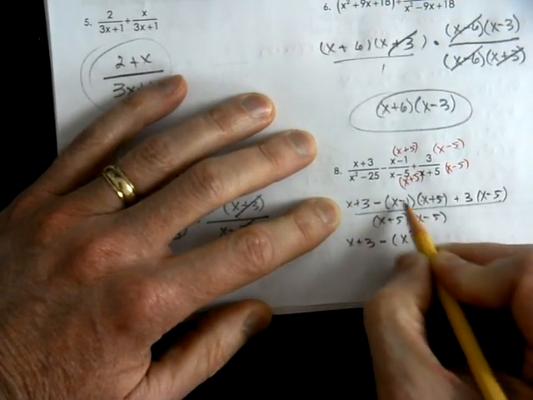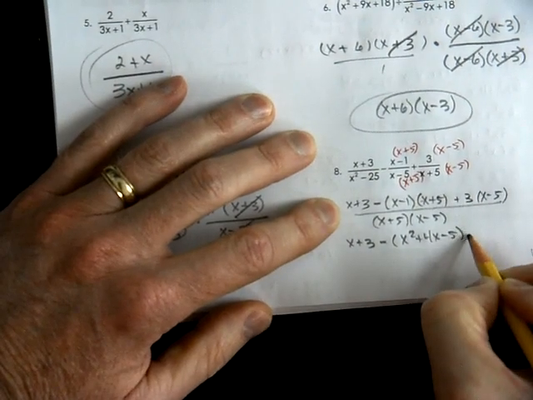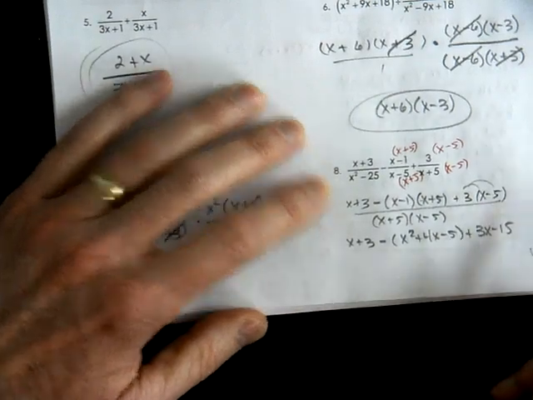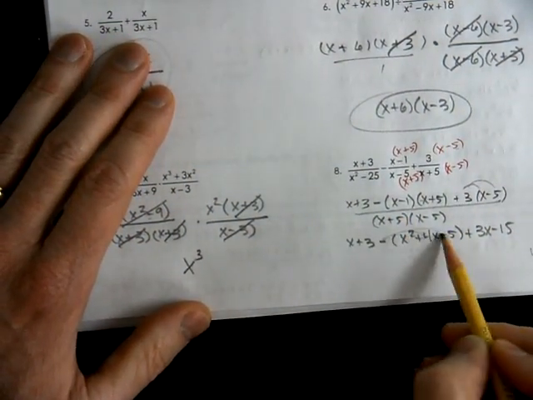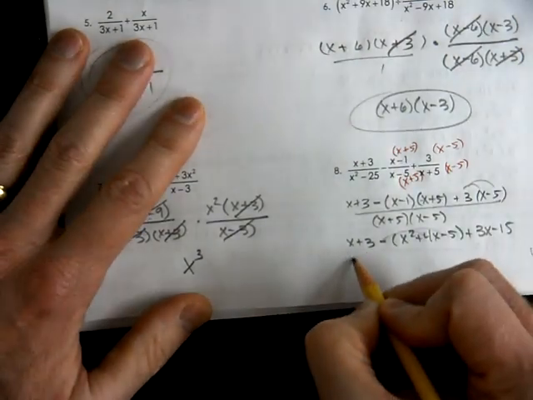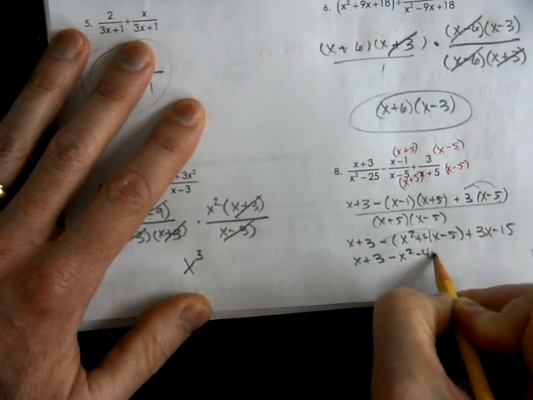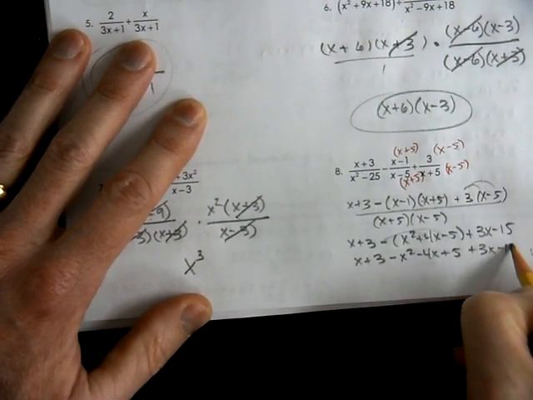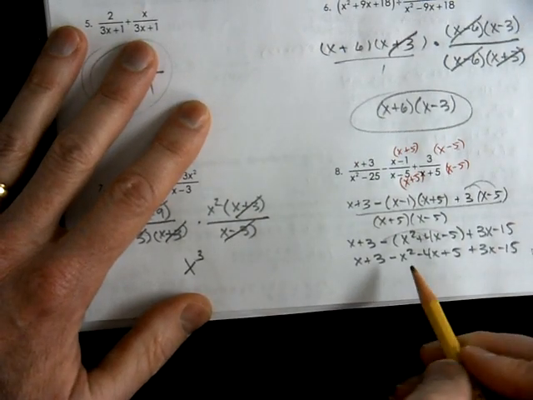We have to FOIL this together. So now what we have to watch for is to distribute our negative through. And then we collect all our like terms.